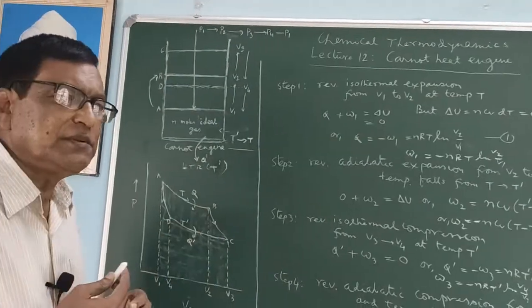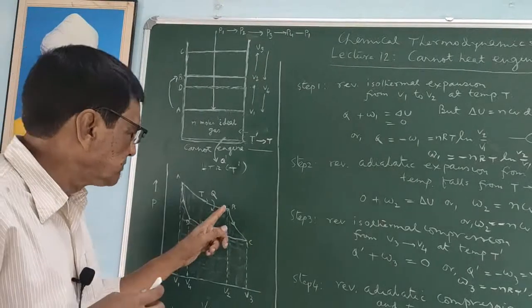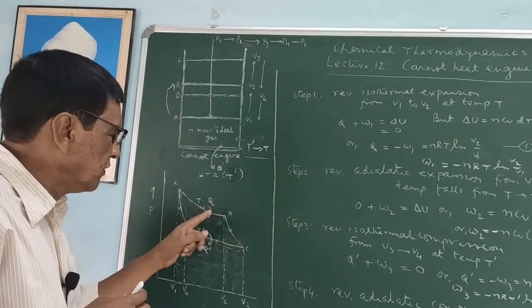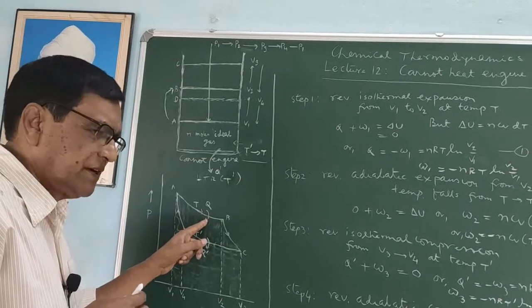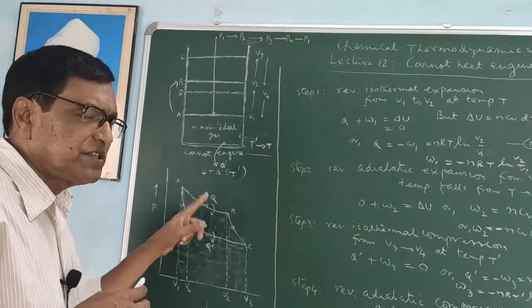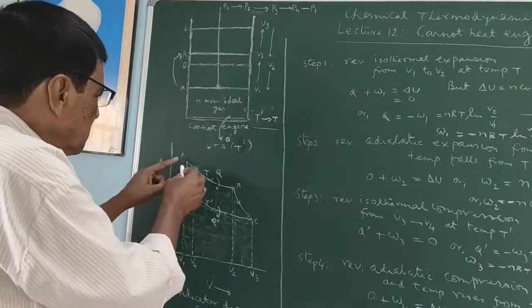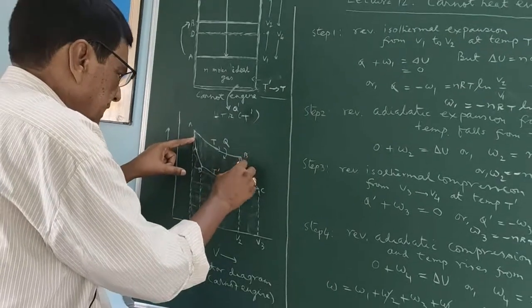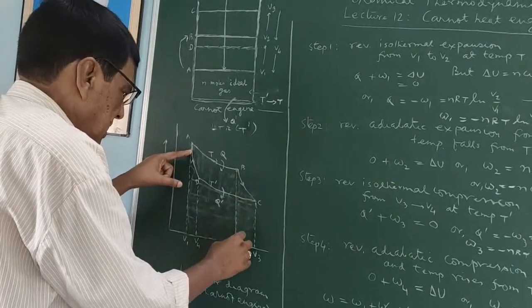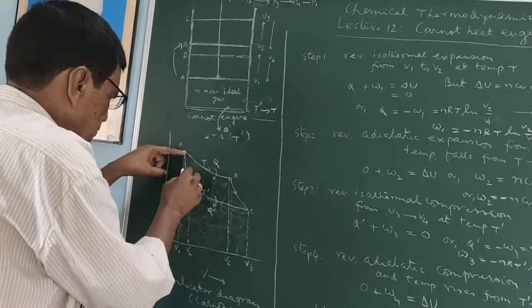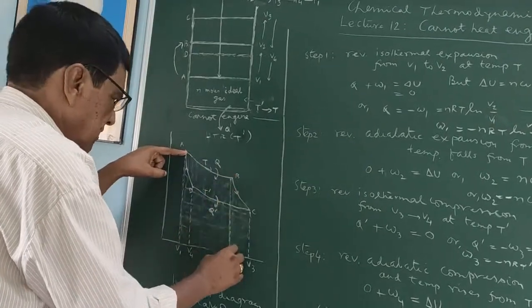Pressure and volume are changing, but temperature remains the same, and Q amount of heat is taken by this engine from this HTR. So this W1 will be the area under this curve AB. This one is the W1.